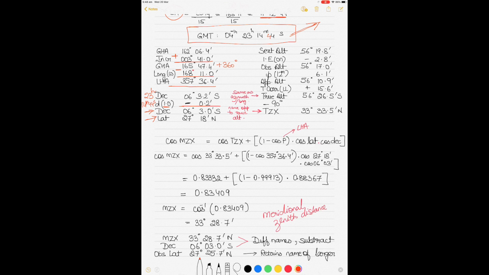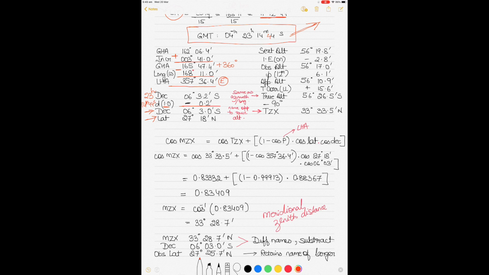Whenever you see GHA is less than longitude but you have to subtract, add 360 to it, make it larger than the longitude, and then subtract it. So you will get your LHA. The rule is, if it is between 0 and 180, it is west. If it is more than 180 up to 360, it is east. In this case, LHA will be east, so I will name it east. Again, if it is 0 to 180, it will be west. More than 180 to 360, it will be east.